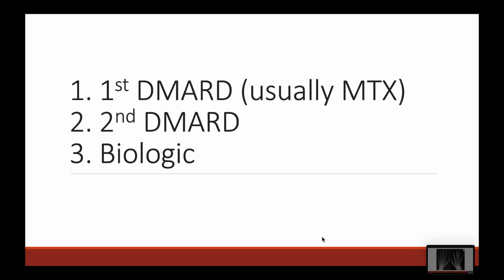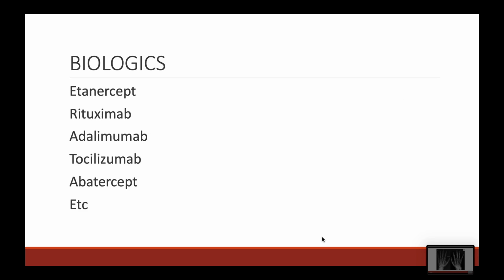Okay, so first line would be DMARDs, usually methotrexate, and then you would consider adding another DMARD, and then you would move on to biologics. So here is a list of biologics, including etanercept, rituximab, adalimumab, tocilizumab, abatacept. Can't really say them properly, but here is the list.